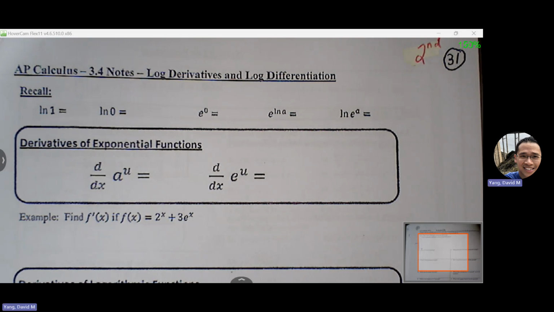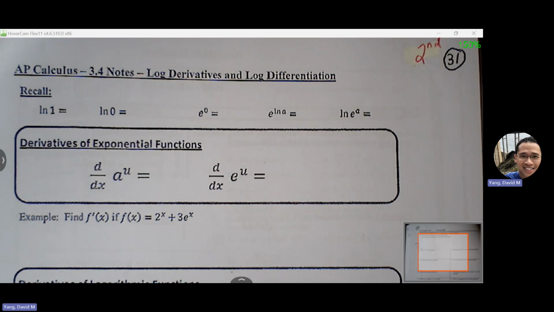Today we're going to talk about log derivatives and derivatives of exponential functions. Now, we've learned natural log, and we've learned exponential functions e to the x. We talked about how we want to update our formulas so that we can account for the fact that most of your problems are going to have a chain rule portion to it.